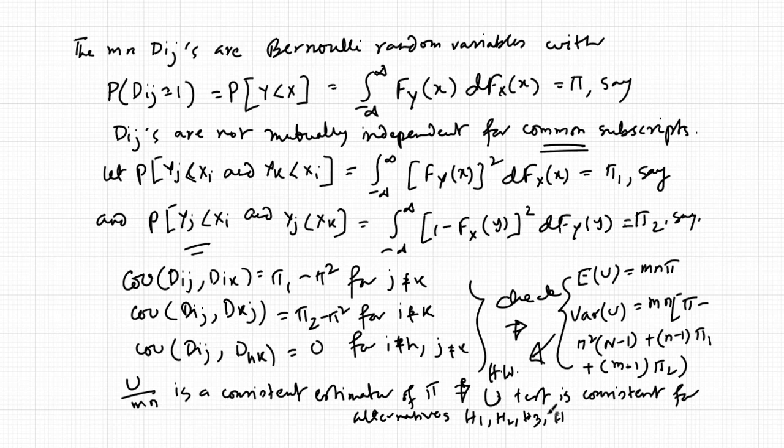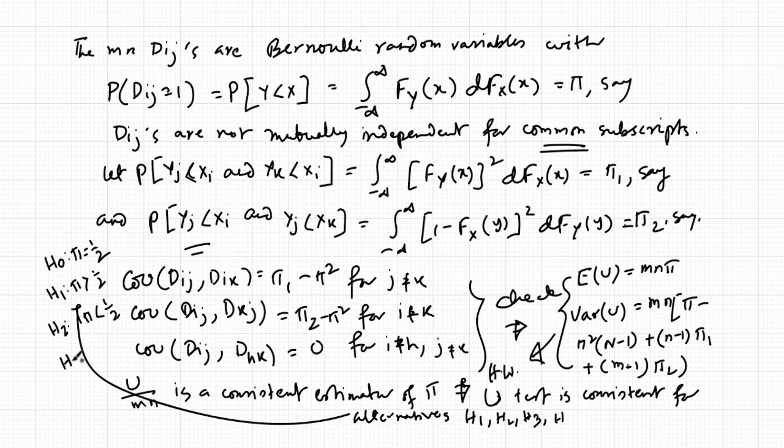And in terms of pi, the null hypothesis is pi equal to half, and alternative hypothesis pi greater than half, pi less than half, pi not equal to half.